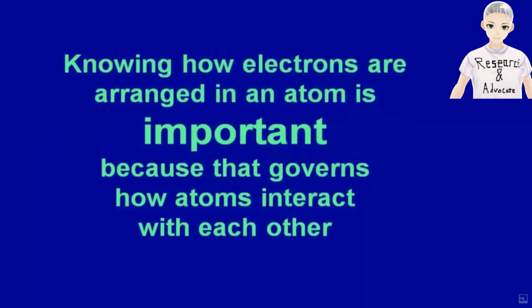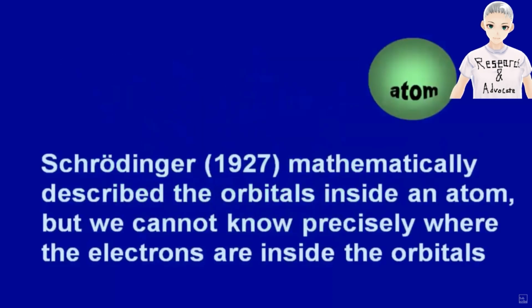And as I said, this is important because the arrangement of electrons determines how atoms interact with each other. Schrödinger, building on Heisenberg's uncertainty principle as well as de Broglie's idea that electrons can act as waves, created a mathematical model that described these orbitals inside an atom, these shapes, these high probability clouds.